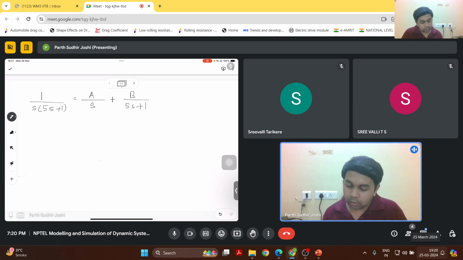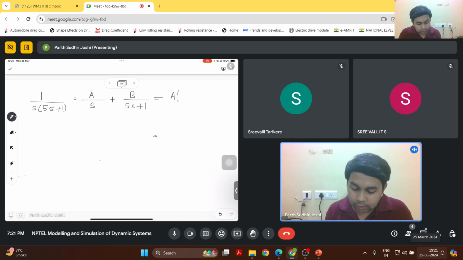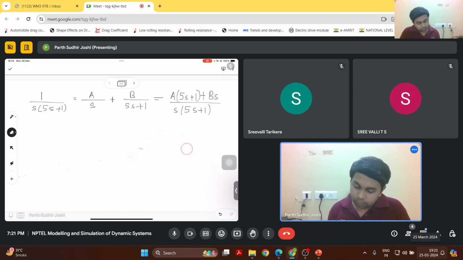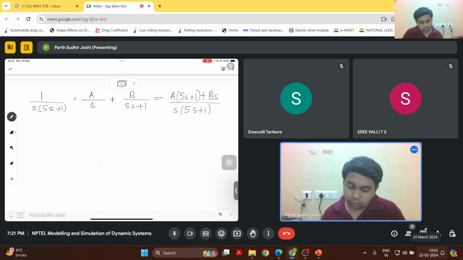Equivalently we can write this as A into 5s plus 1 plus Bs upon s into 5s plus 1. So we can compare the coefficients of the numerator and denominator now.